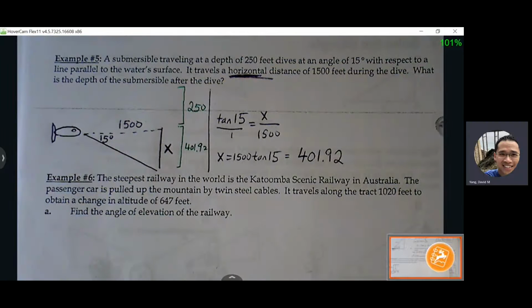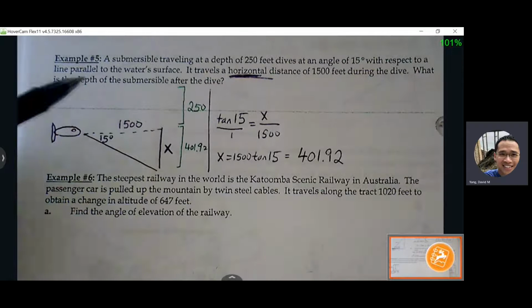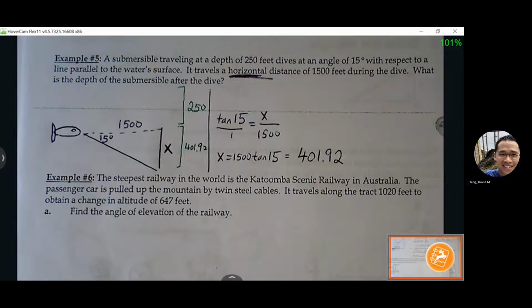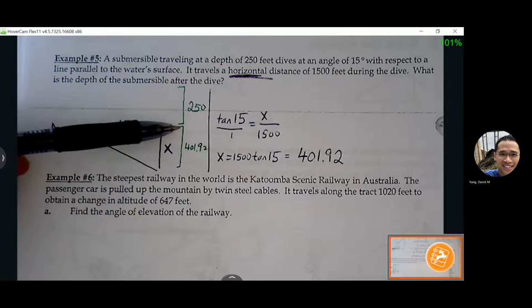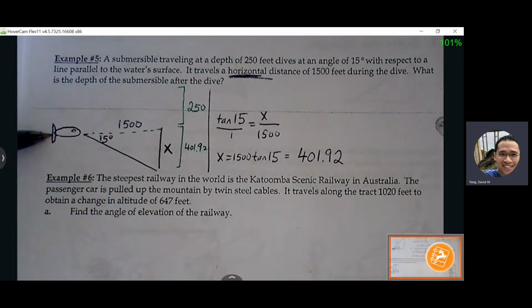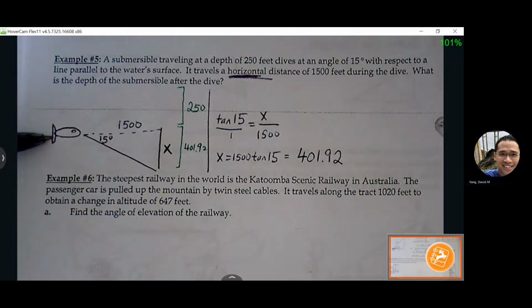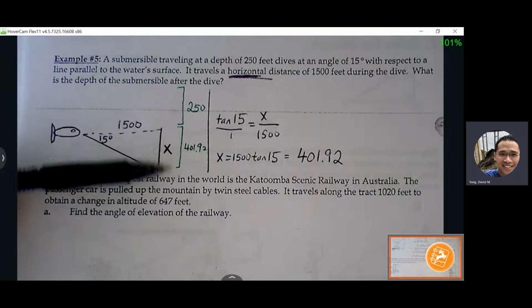So now the question is, how far below sea level is this submarine, and what would you do? 600. And how'd you get that? Add it, right? So we add the 250 because that's where the submarine is before it begins its descent. And then it's going to drop down another 400 feet.